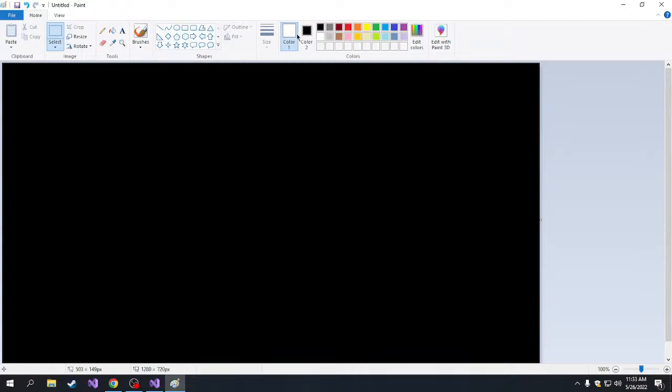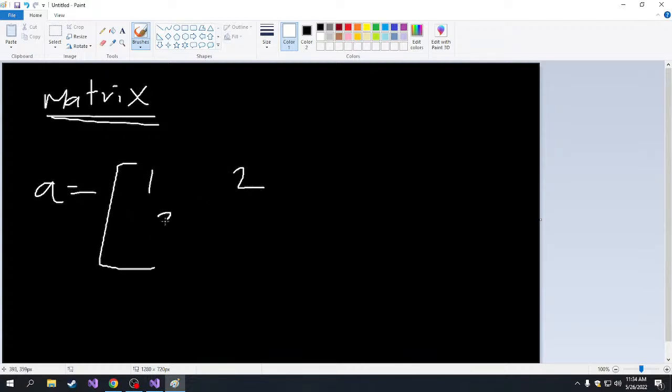But matrices are a bit different because fundamentally, what the hell is even a matrix? Let me describe that. Matrices are just numbers that are arranged into rows and columns. So let's say I have a matrix called matrix A, and I'll assign it 1, 2, 3, and 4.